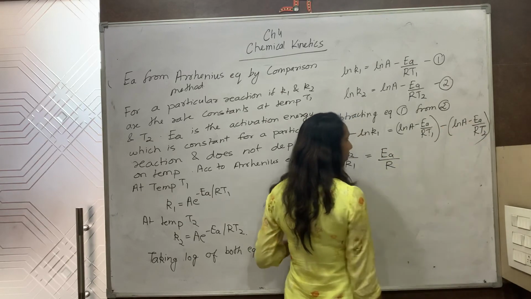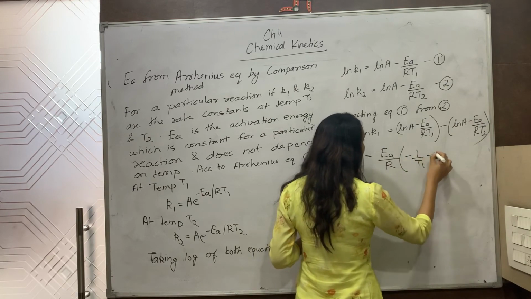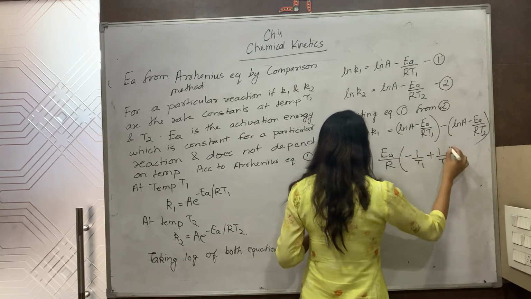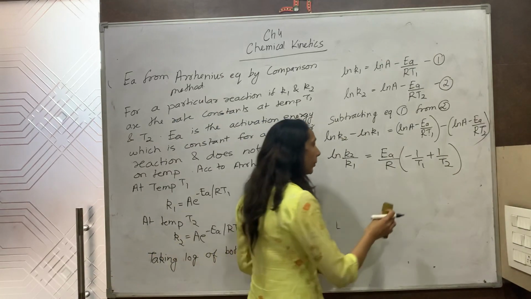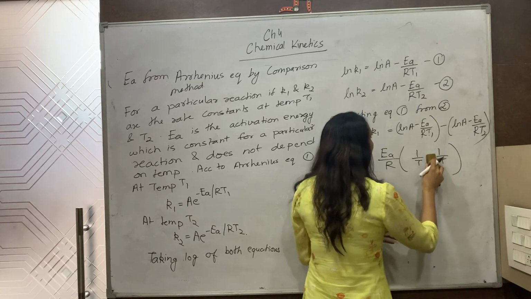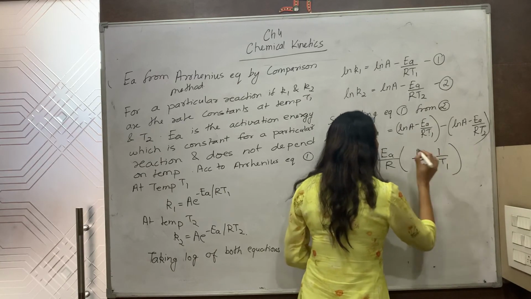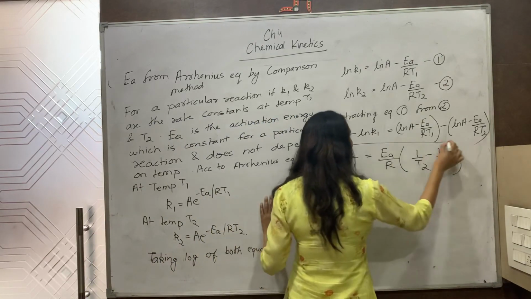Negative, negative will become positive. So Ea upon R, minus 1 upon T2 plus 1 upon T1, or I can write it as 1 upon T1 minus 1 upon T2. This is your equation number 3.